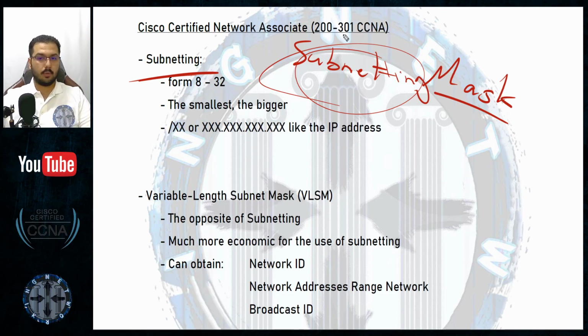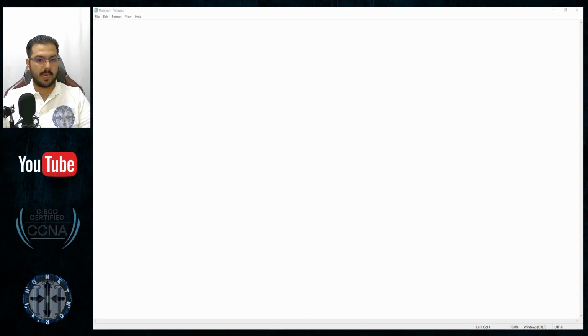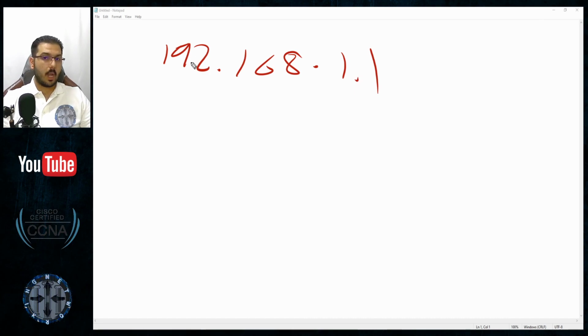Okay, what I need right now is my whiteboard again. It's a notepad actually. If we look at the famous IP address of 192.168.1.1, whatever, this is nothing, because an IP address can range from all zeros to all 255s.